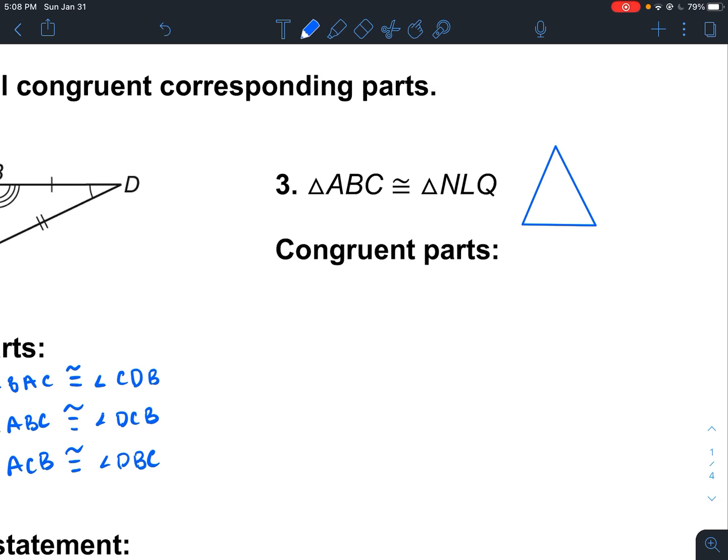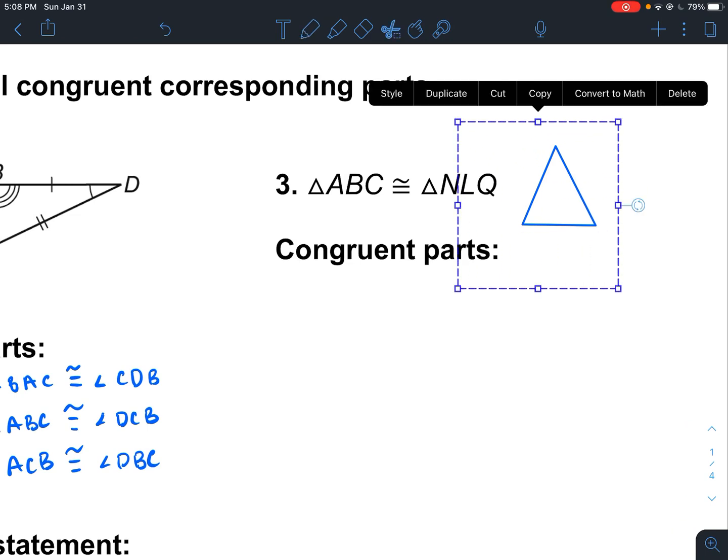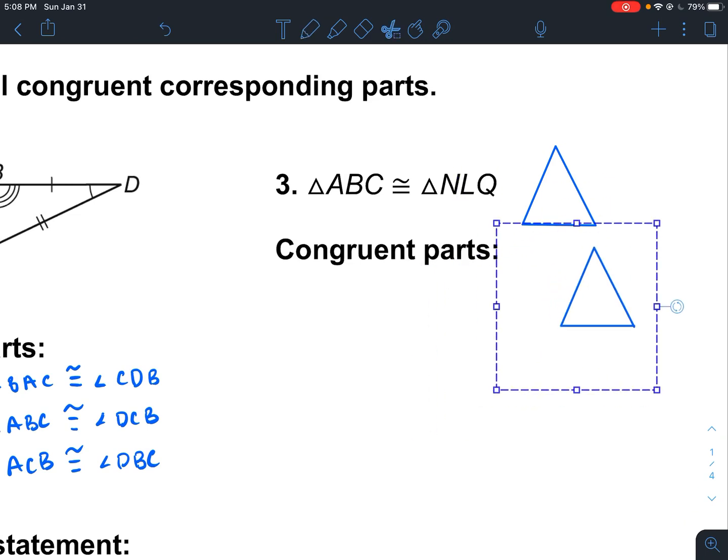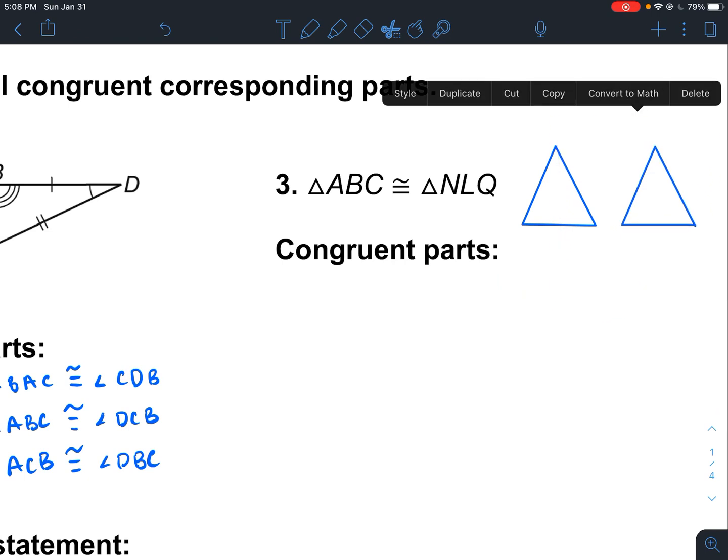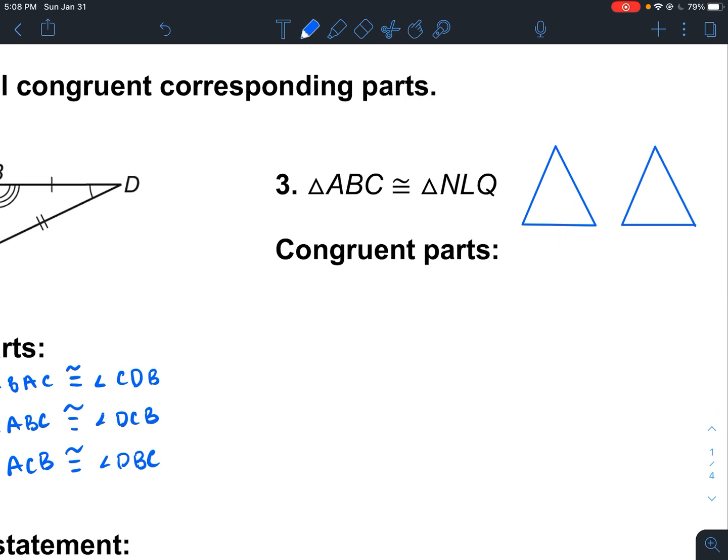Okay, and I'm just going to copy this. Now the thing is, we know that these are congruent triangles, so I'm going to call this triangle ABC, and this NLQ. So these are the two triangles, and we know that they are congruent. So since they are congruent, then their corresponding parts are congruent. So let's label their corresponding parts.